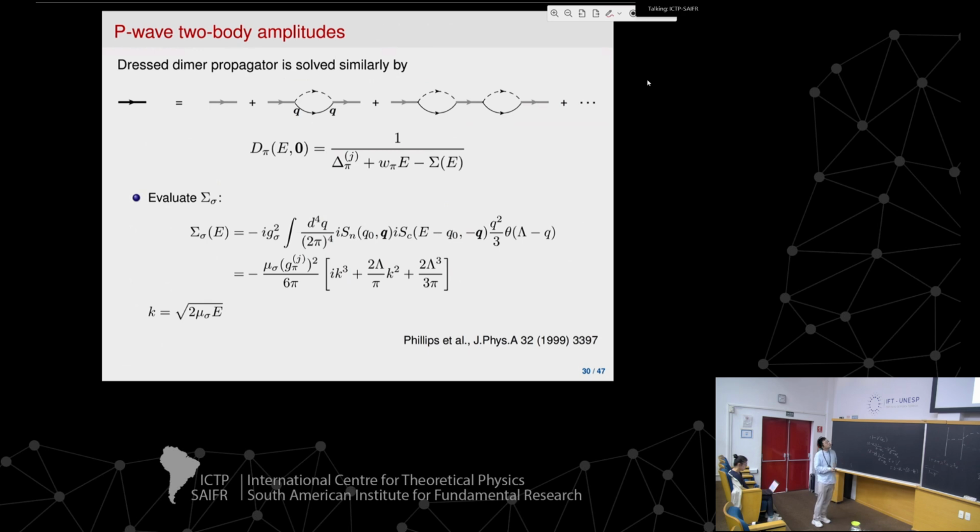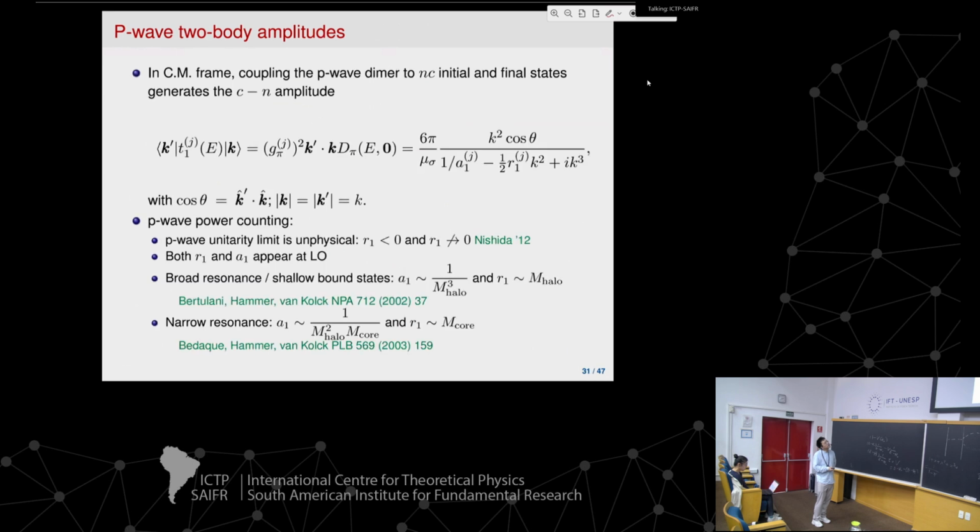We need to match this dressed dimer propagator to the p-wave T matrix, and we know that for the T matrix, if you use the effective range expansion, it can be written in the form on the left. It's basically k squared cosine theta, which means you have an incoming momentum and an outgoing momentum.